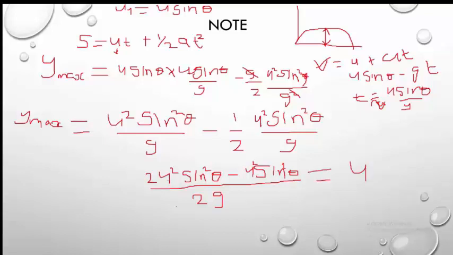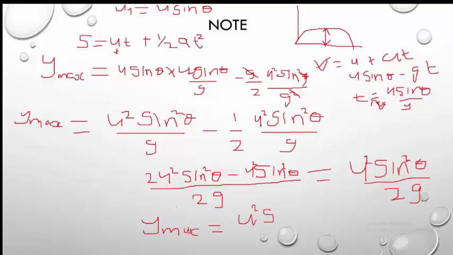to u squared sin squared theta over 2g. So my y maximum is equal to u squared sin squared theta over 2g.